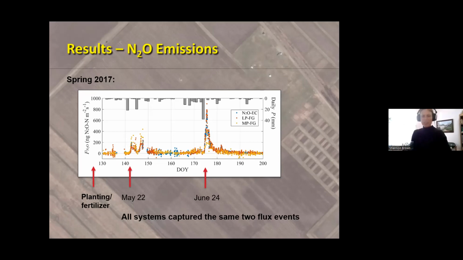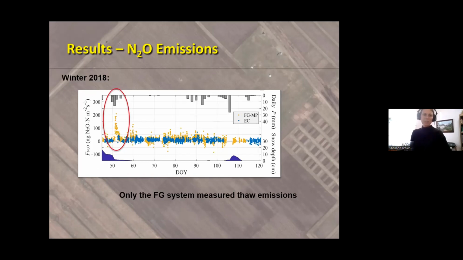So all 3 systems were operating during this time, and all 3 systems captured the same dynamics of the N2O flux emissions. In the winter of 2018, there was only the multi-plot flux gradient and the eddy covariance system operating.